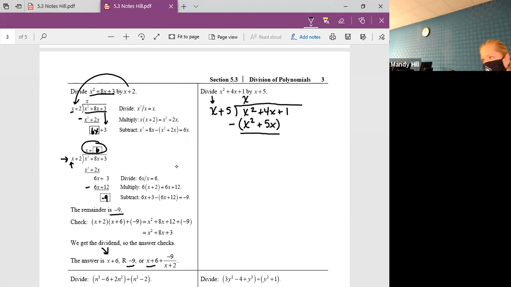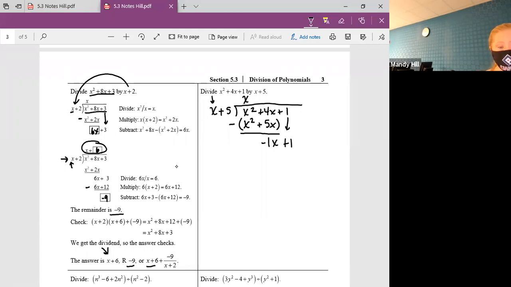If you don't get nothing, you did something wrong, because that's the whole goal, to get this first thing to go away. Then you're going to do 4x minus 5x. Well, 4 take away 5 is negative 1x. 4x minus 5x is negative 1x. And you can go ahead and bring down your plus 1 here.